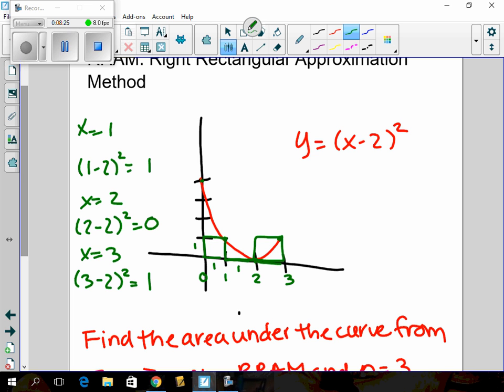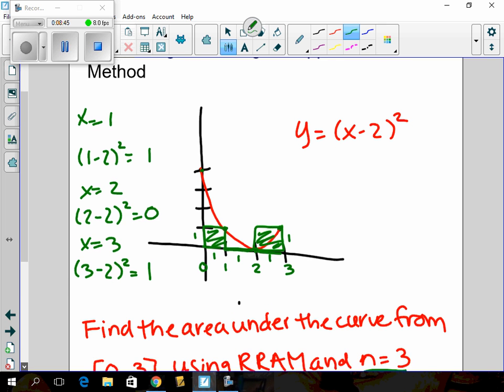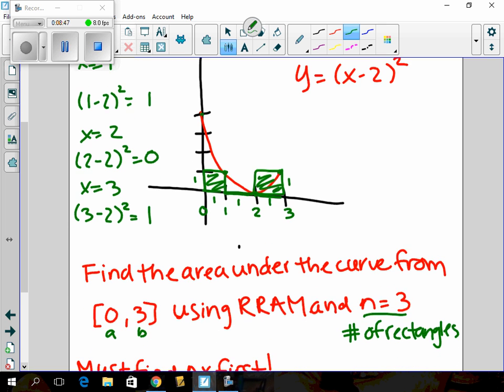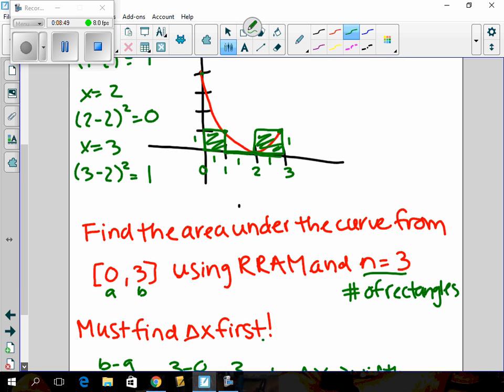So this also has a length of 1 and a width of 1. So as we can see, this is probably not the best approximation method, because we go far above our curve, but then we even have one rectangle that's not even a rectangle, it's just a line. So this probably is not the best approximation, but let's find out anyway what it looks like.